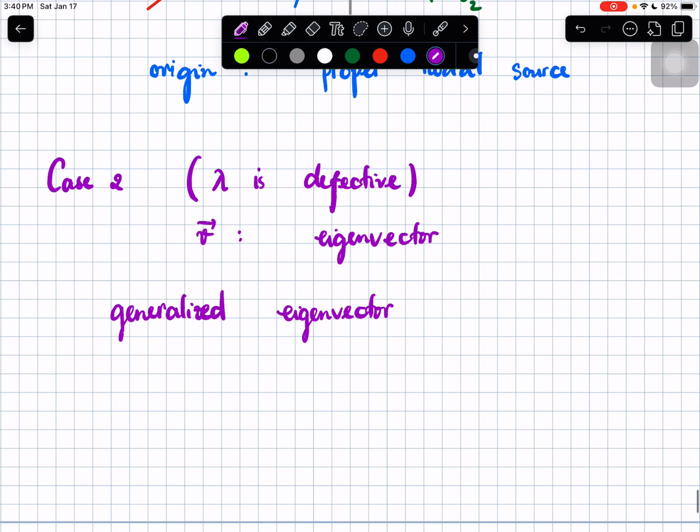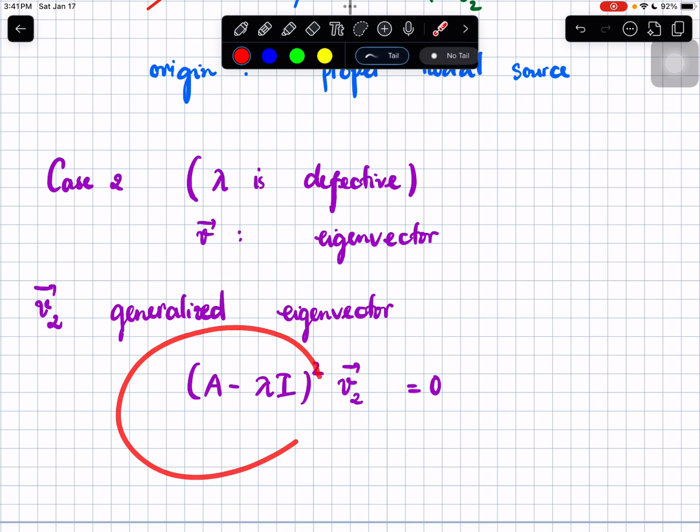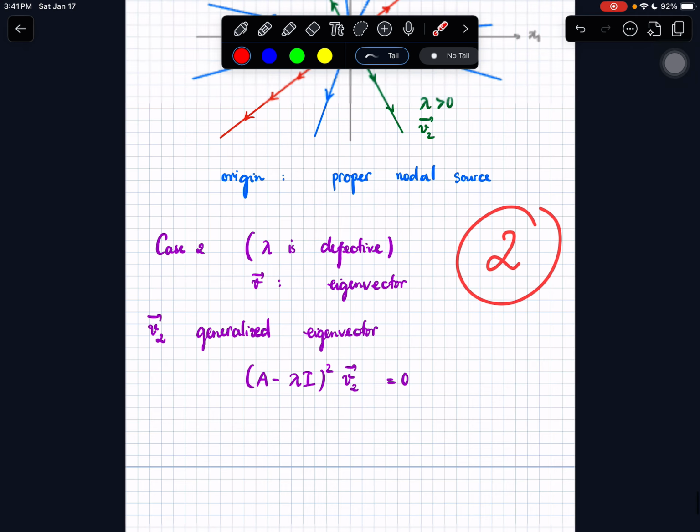It is a solution of the equation (A minus lambda I) squared times v2 equals 0. We know that this is defective. If it were complete, we should have two independent eigenvectors, but we are missing one.